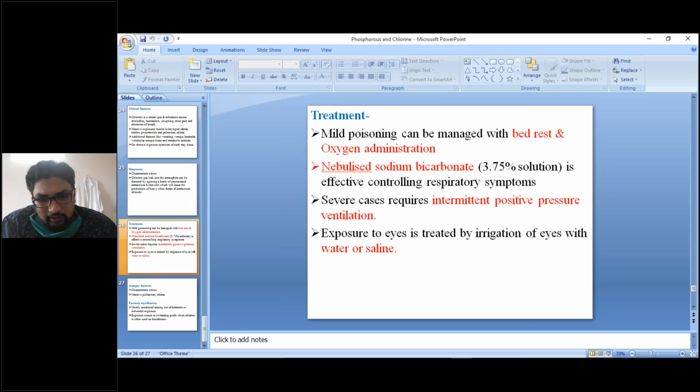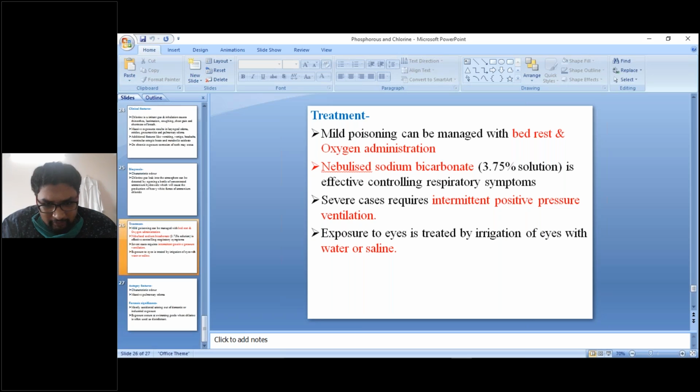Treatment: mild poisoning can be managed with bed rest and oxygen administration. You can give nebulization with sodium bicarbonate, which is effective in controlling respiratory symptoms. In severe cases, intermittent positive pressure ventilation is necessary.